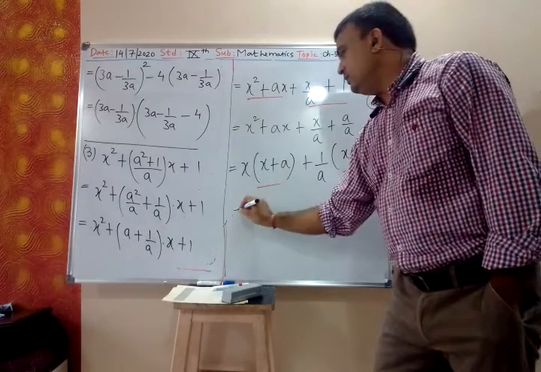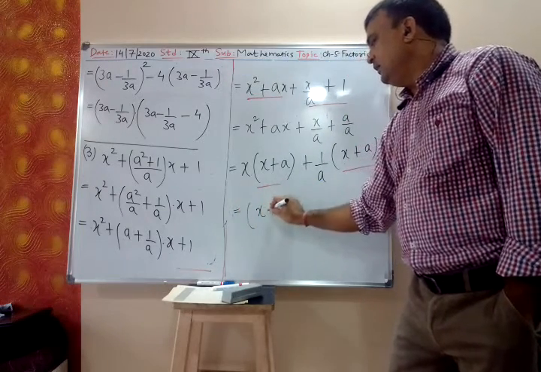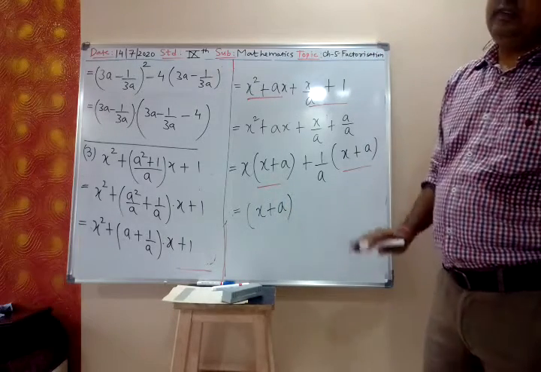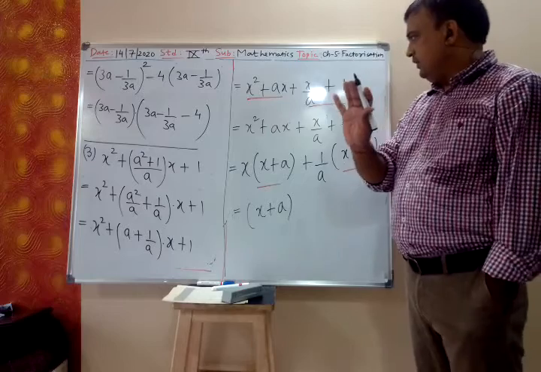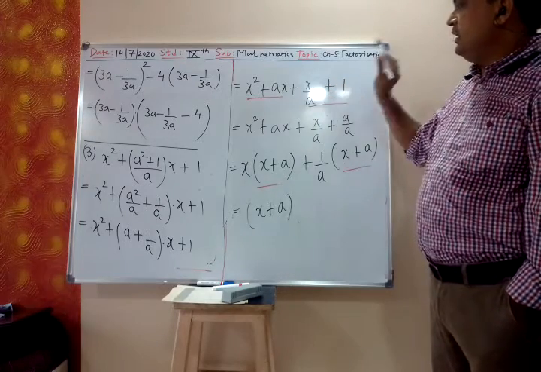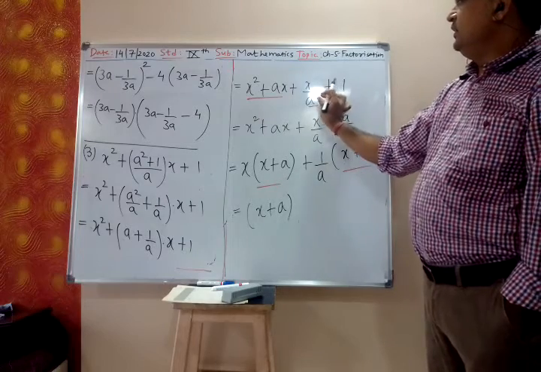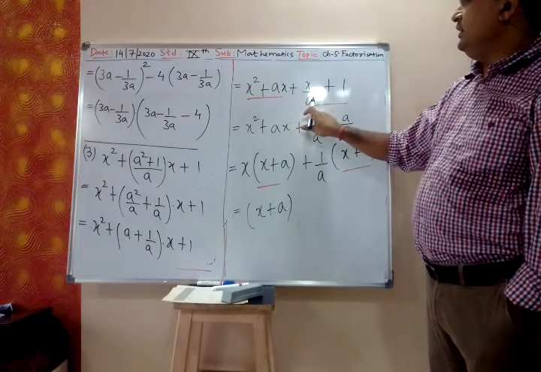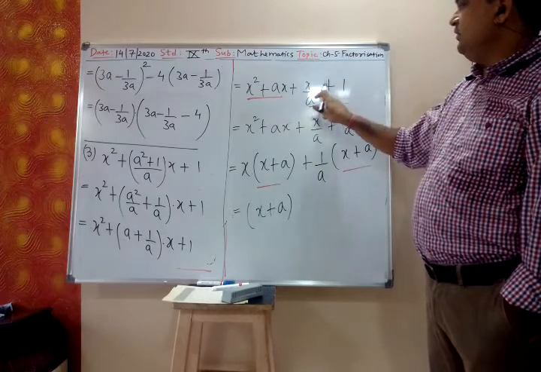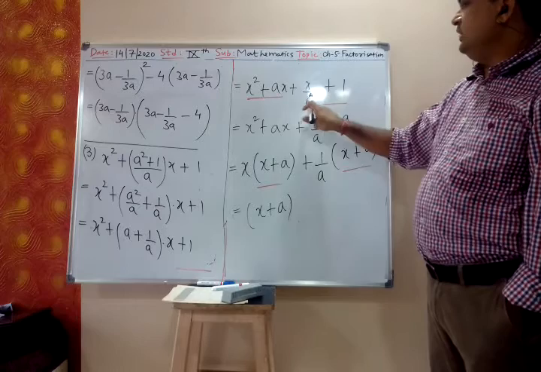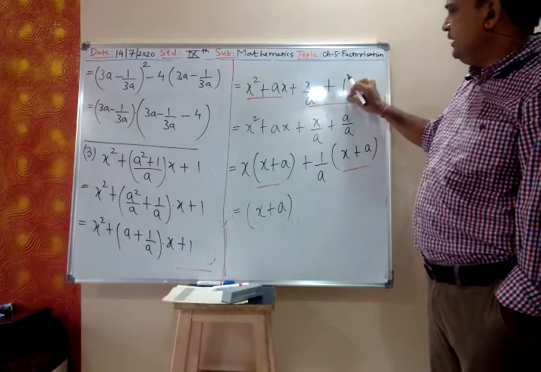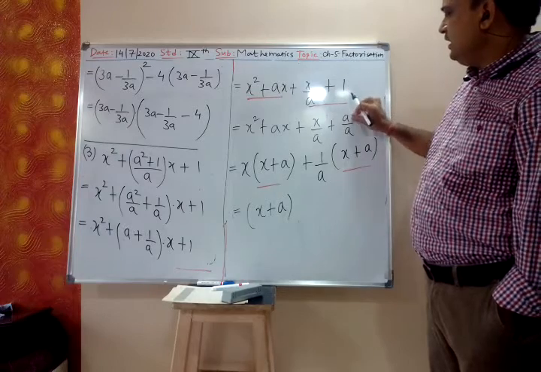Now this 1 and x upon a you have to simplify. The denominator of x upon a is a, the denominator of 1 is 1, so I will take the LCM of a and 1, that is a. To make the denominator the same, I will multiply and divide by a. So 1 I will write as a upon a.